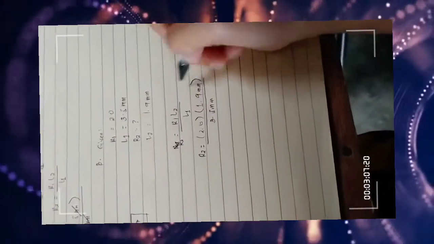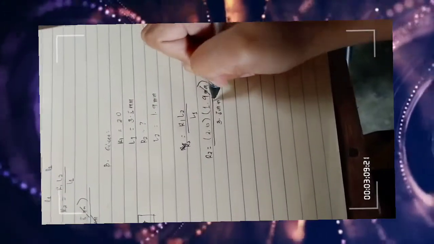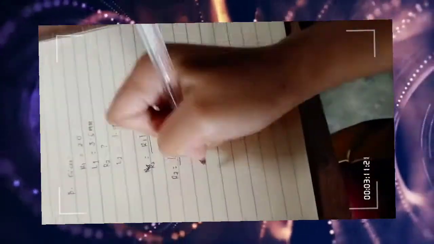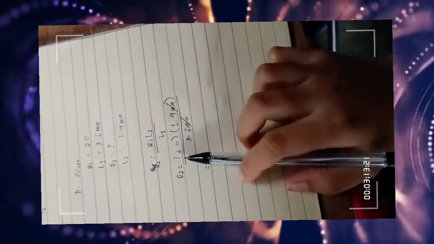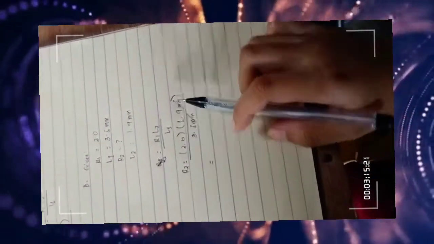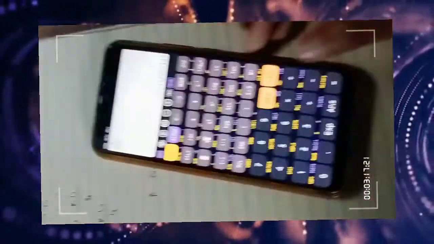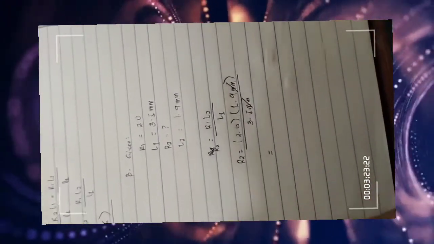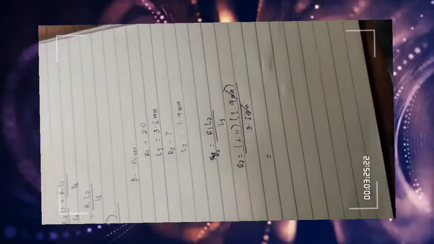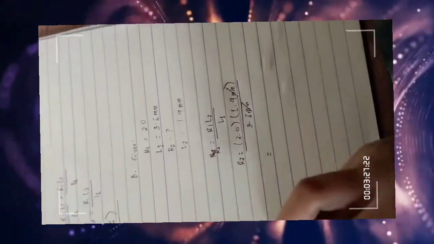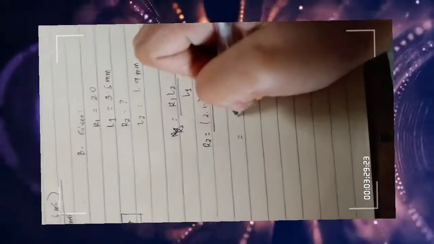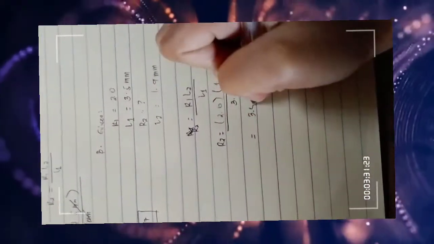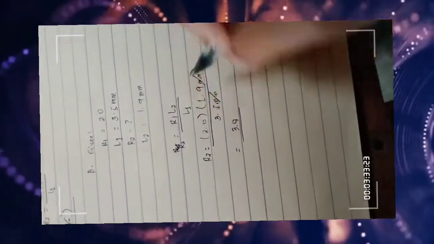We're going to cancel out the same unit. So we're going to multiply this first: 2.0 times 1.9 is equal to 3.8.